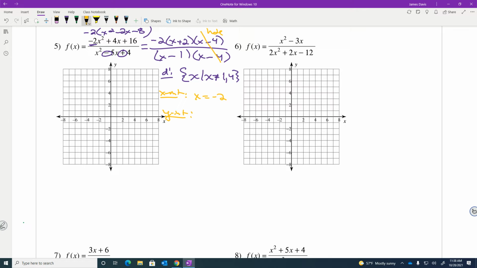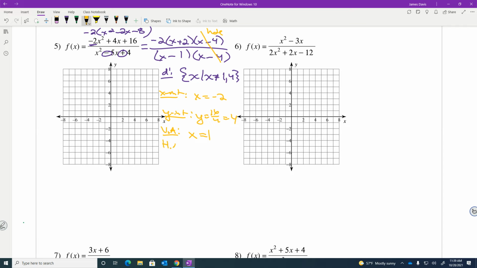All of these x's turn to 0, so it's just left with 16 over 4. Vertical asymptotes, you look at the bottom, whatever's left basically in the bottom. So just 1, right? 1's the only leftover.